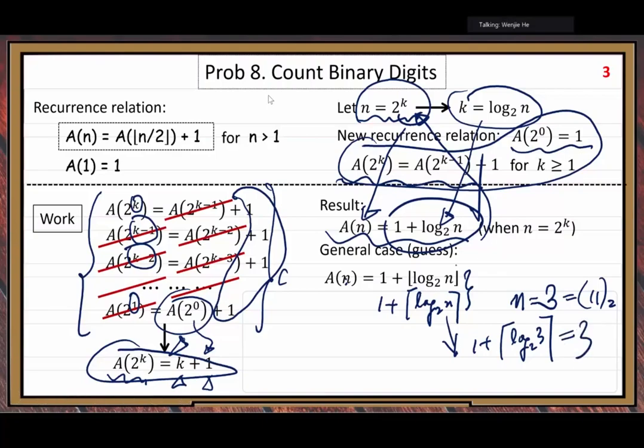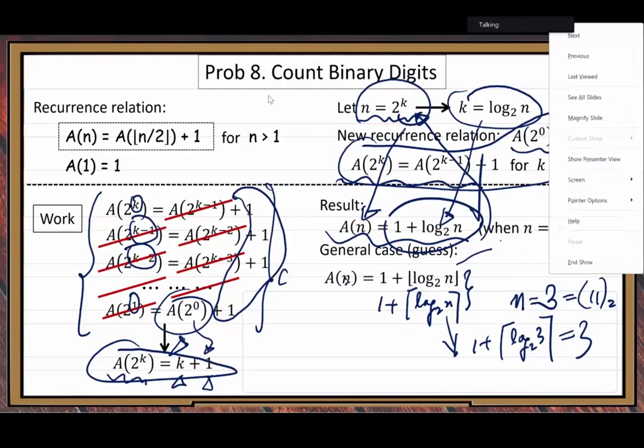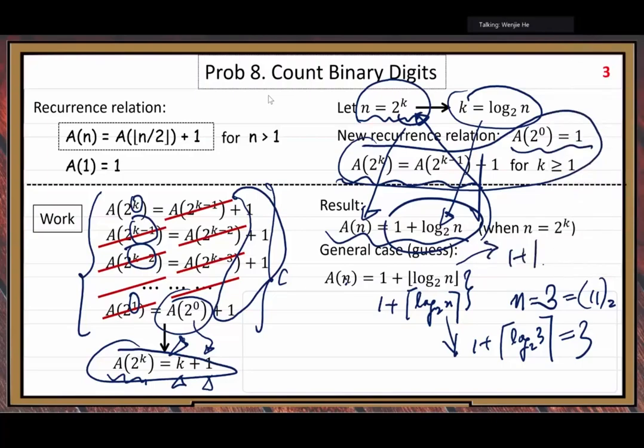And this version: 1 plus floor of log base 2 of 3, rounded down. 1 point something rounded down is 1. 1 plus 1 is 2. Based on the verification, our experiment tells us 2 should be the right answer, not 3. That tells us we should use the floor function version, not the ceiling function version.